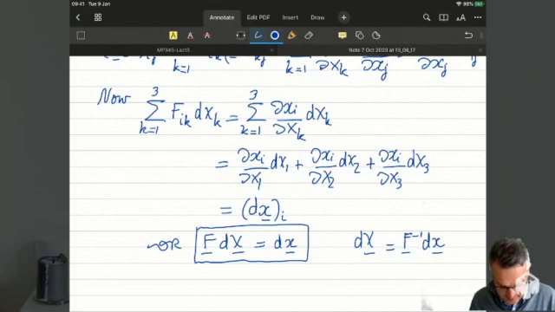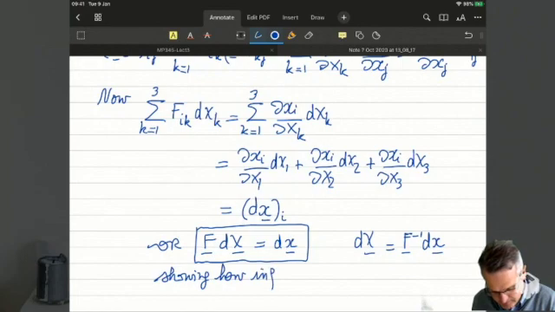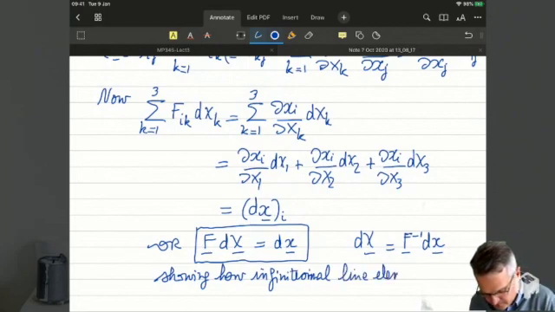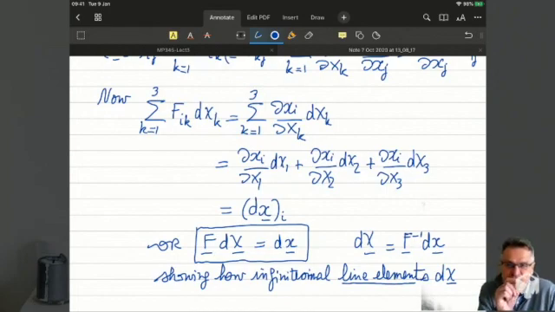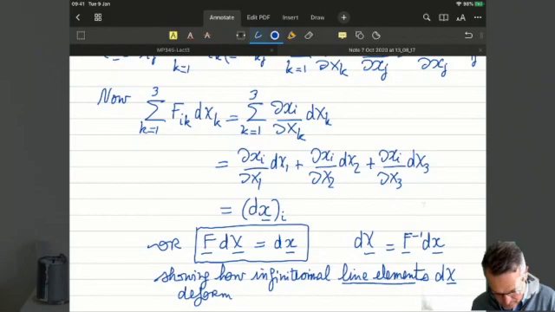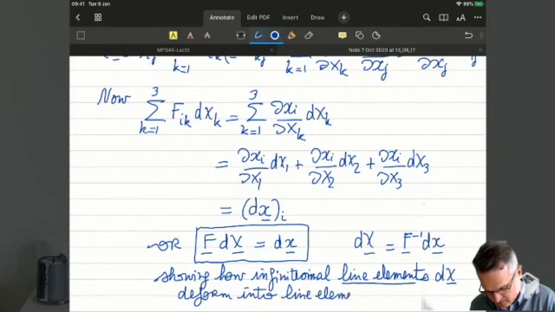Okay. Showing how infinitesimal line elements, a line element is just a tiny segment inside the solid, into line elements d little x.